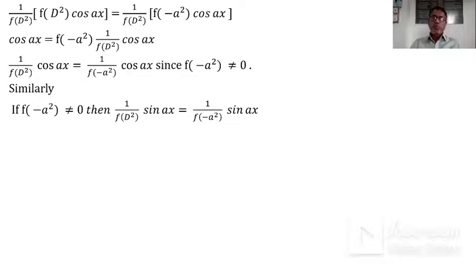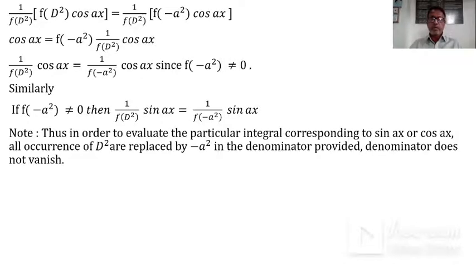Now, if in f of D, wherever there comes D square or its power, then we substitute D square by minus a square. Means, in order to evaluate the particular integral corresponding to sin ax or cos ax, all occurrences of D square are replaced by minus a square in the denominator, provided the denominator does not vanish.